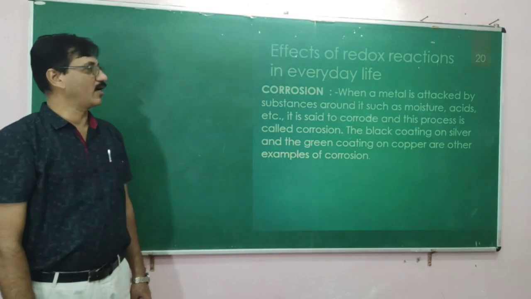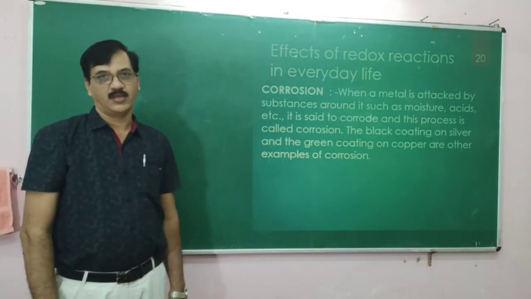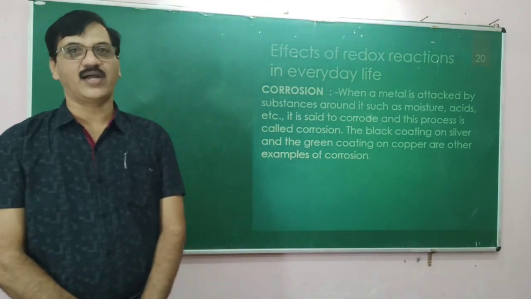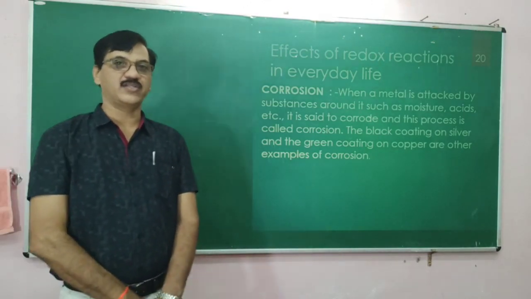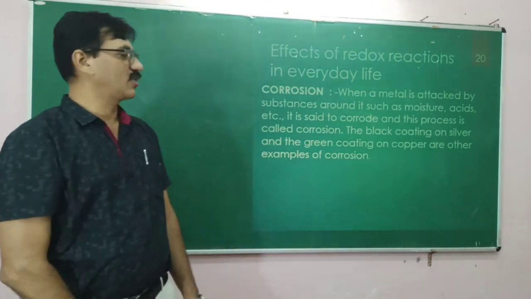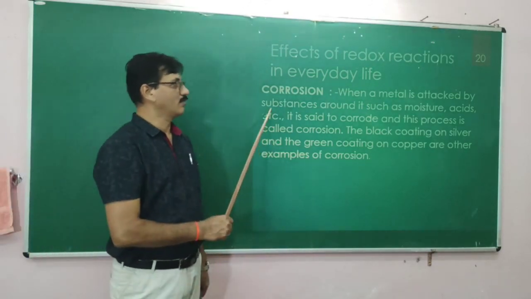So, effects of redox reactions in everyday life. The effect of oxidation reduction reactions that we find is in oxidation of metallic surfaces. Oxidation of a metallic surface is called corrosion.